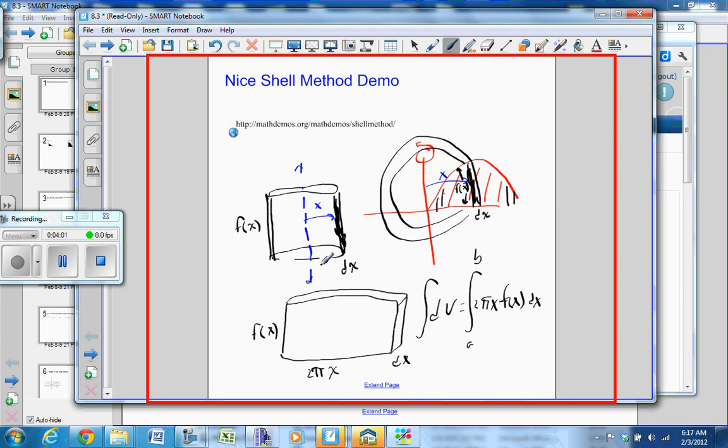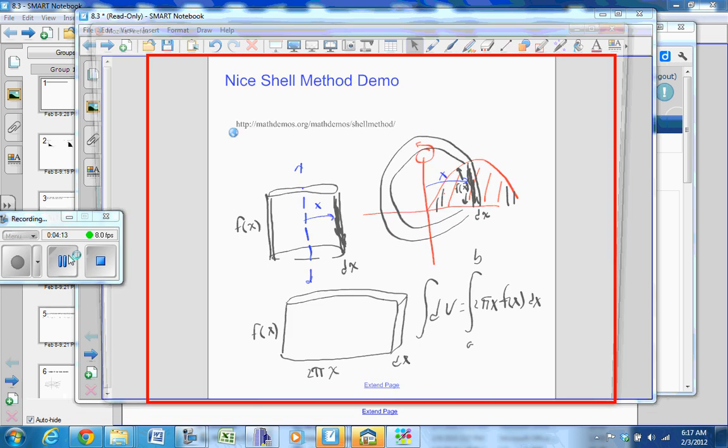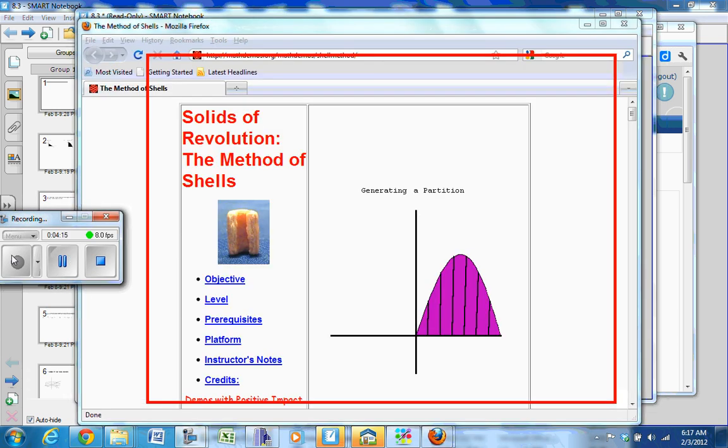Now let's look at this very helpful picture of what's going on. I think this will give us some great clarity. So we can see here that the shape is being split up. And now we're going to take that and give a nice visualization of rotating that one strip around the y-axis.